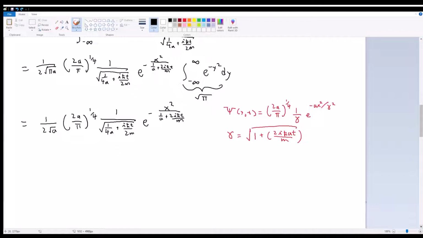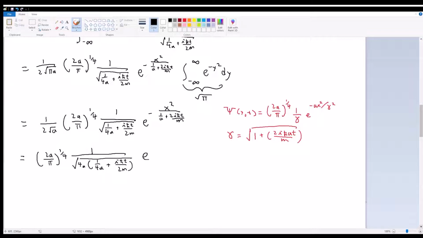If we do that, what we're going to get is 2a over pi to the power of 1/4, which we're going to move to the front, times 1 over, and then this is just square root of 4a, right? So this is square root of 4a multiplied by 1 over 4a plus i h bar t over 2m.